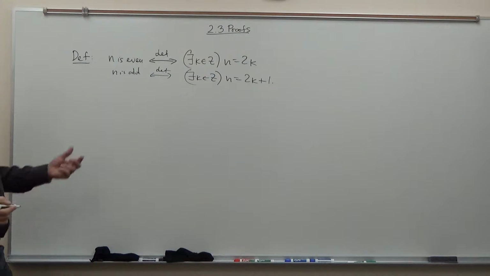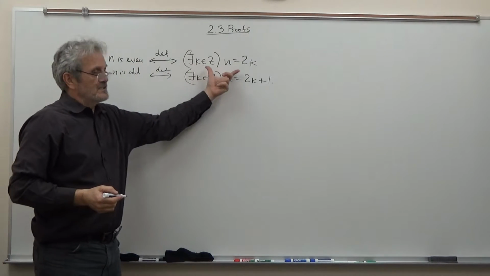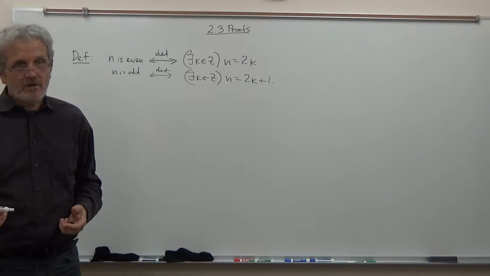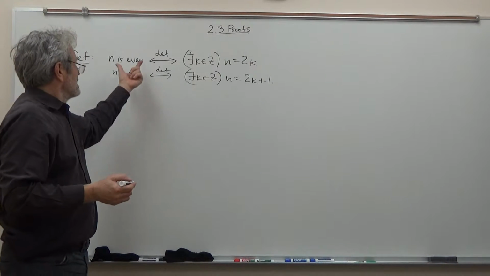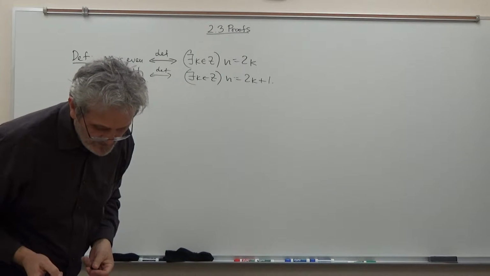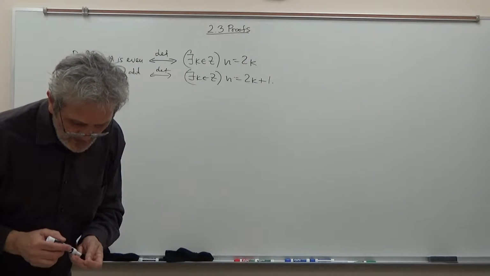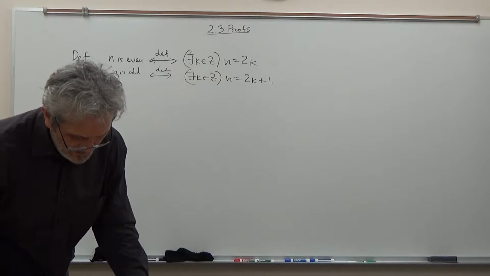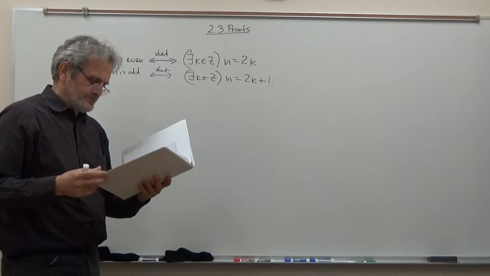So once again, this is verbal and this is formal. And whenever we see a statement involving one of these verbal terms, we always want to trade it for something formal.